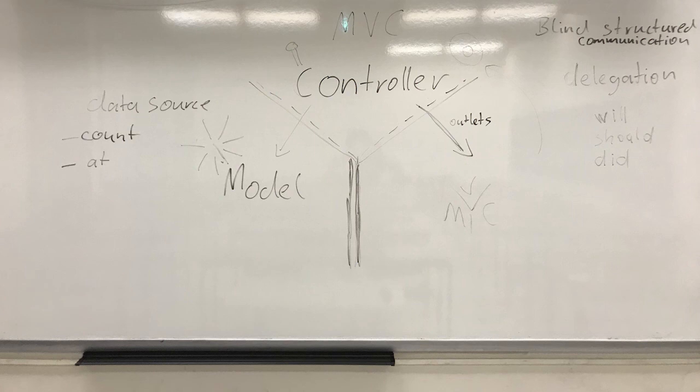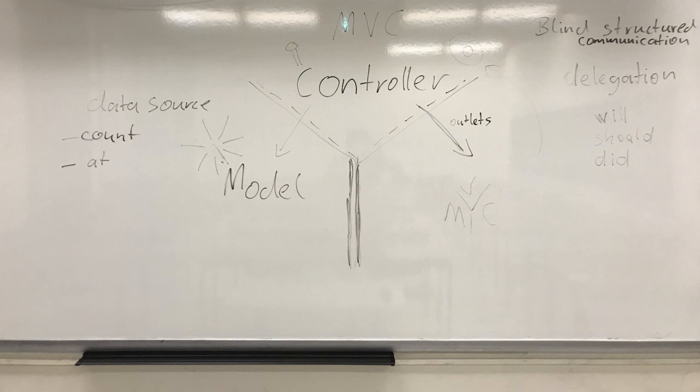Then this controller would be talking to this controller. Yeah, that's actually how the communication would work. The year controller would tell the month controller what to do. So the year controller probably wouldn't talk directly to the view. It would talk to the controller, and then the controller does some stuff there.